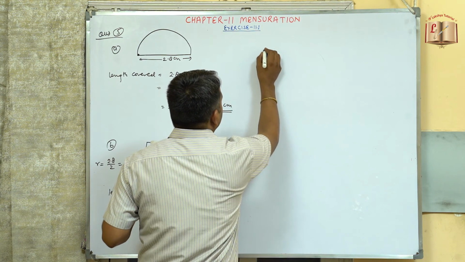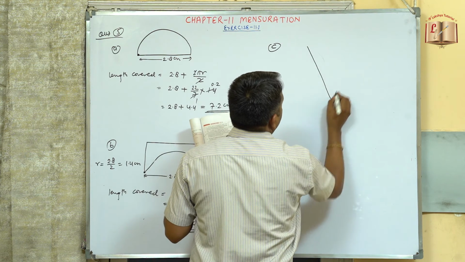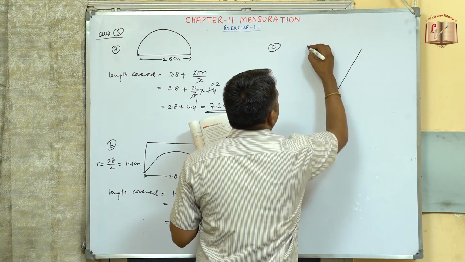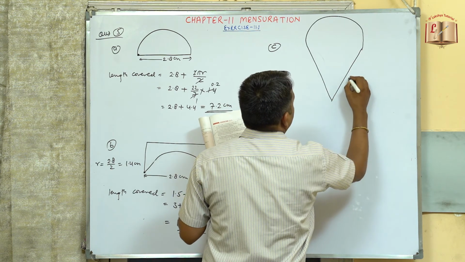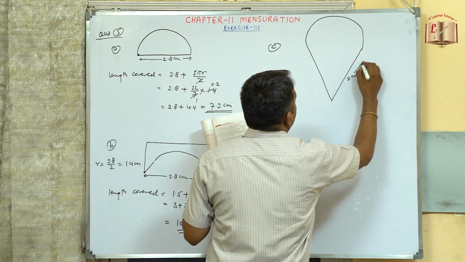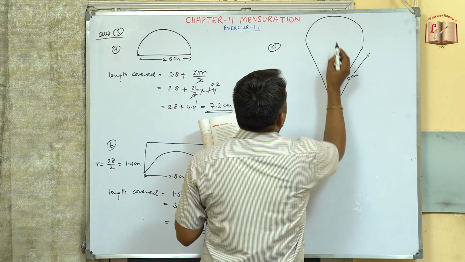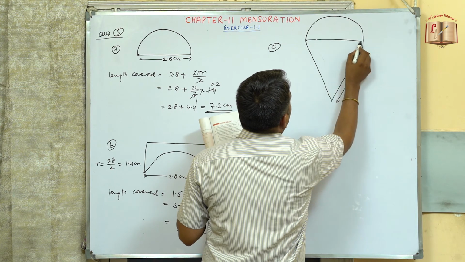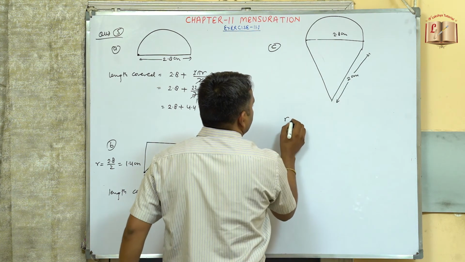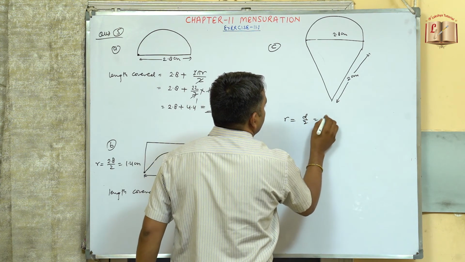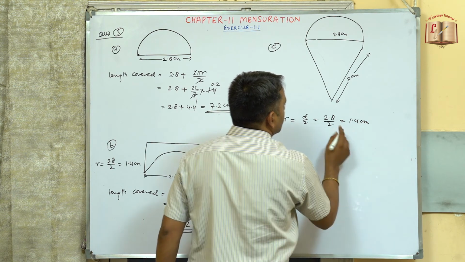Now coming to part C, the shape is like this. This distance is 2 centimeter given to us, and this diameter is given as 2.8 centimeter. So we can find out the radius. Radius will be d by 2, so 2.8 by 2, which is 1.4 centimeter.